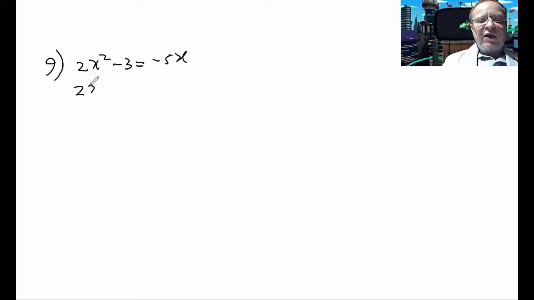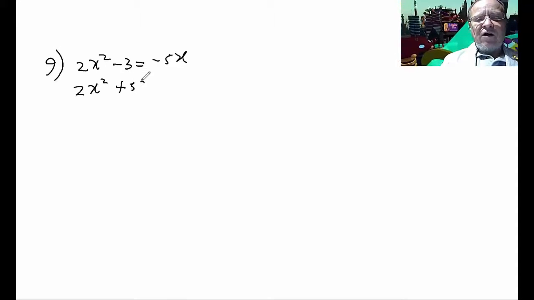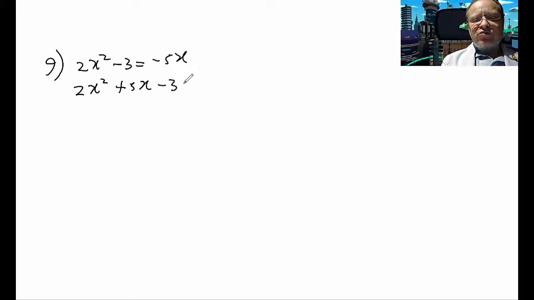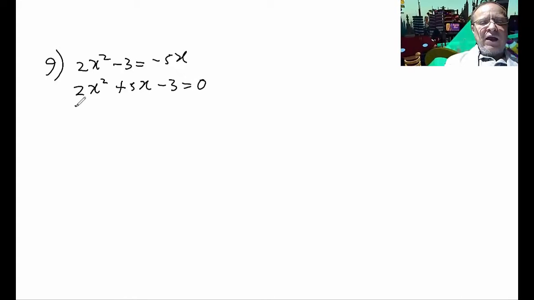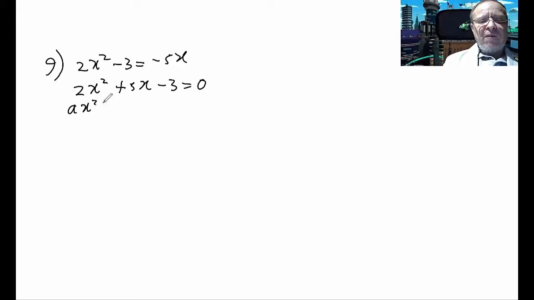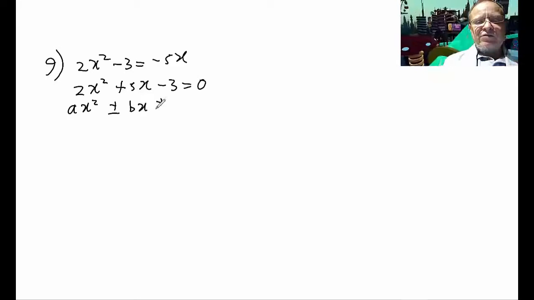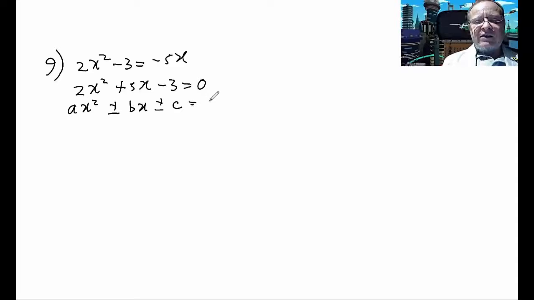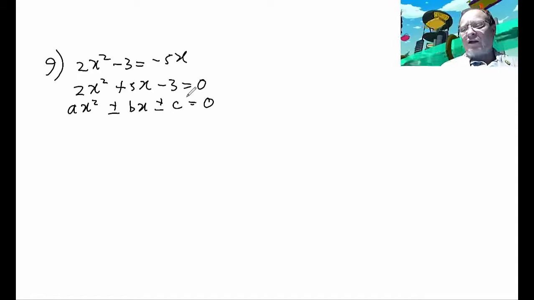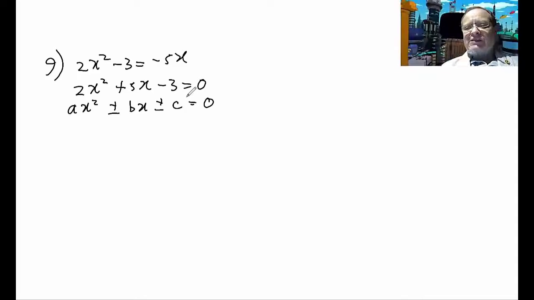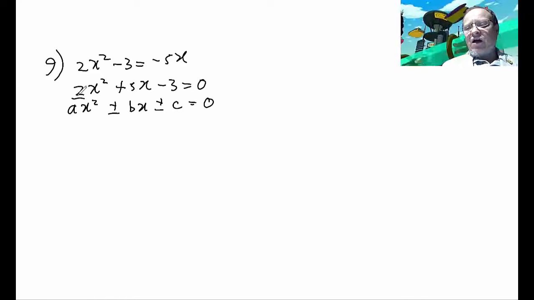And that means we have 2x squared plus 5x minus 3 is equal to 0. And now we have it in standard form, ax squared plus or minus bx plus or minus c is equal to 0. And of course, we could factor it, but it's not as easy to factor because our coefficient is not 1.